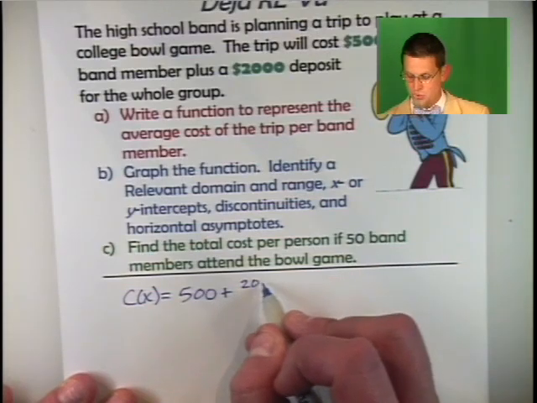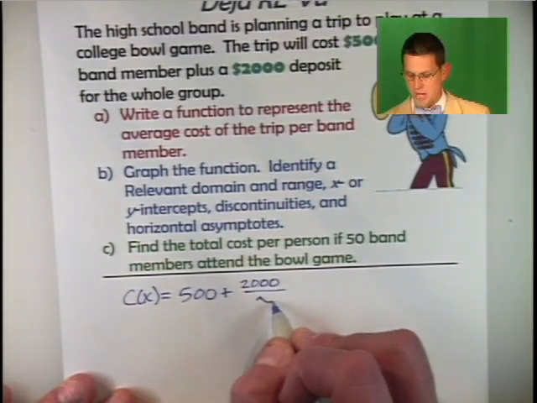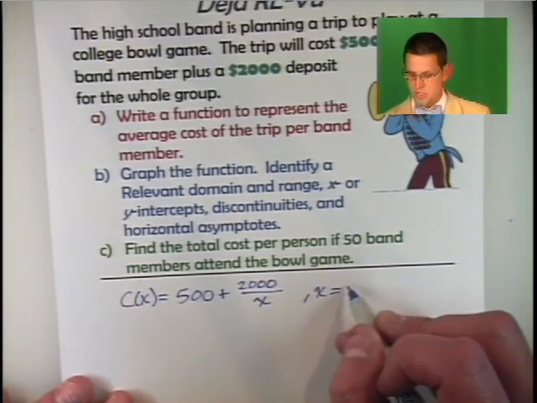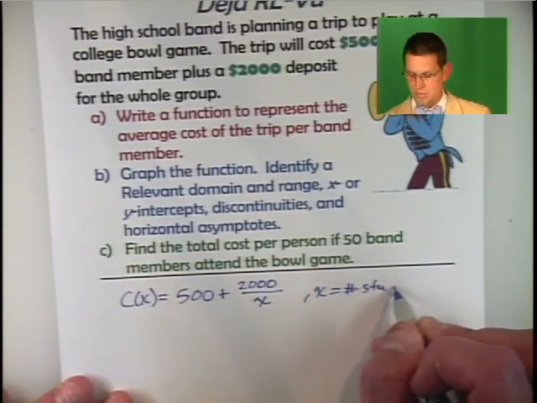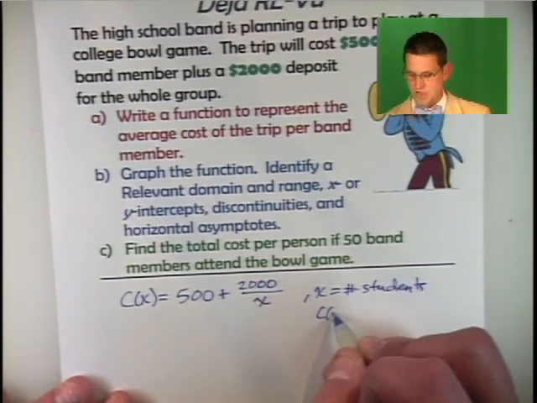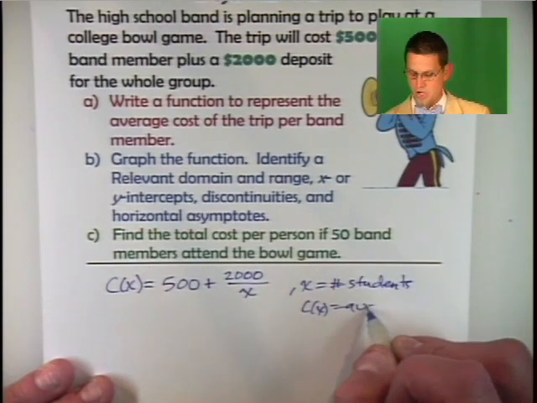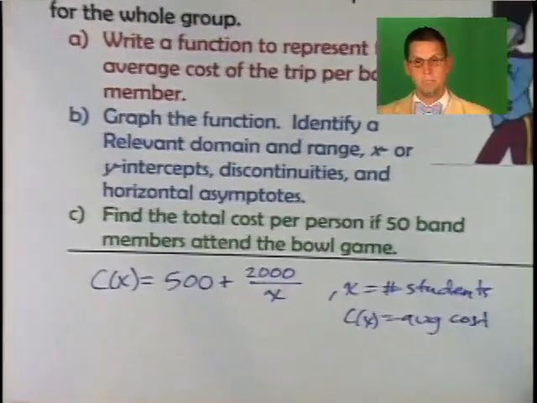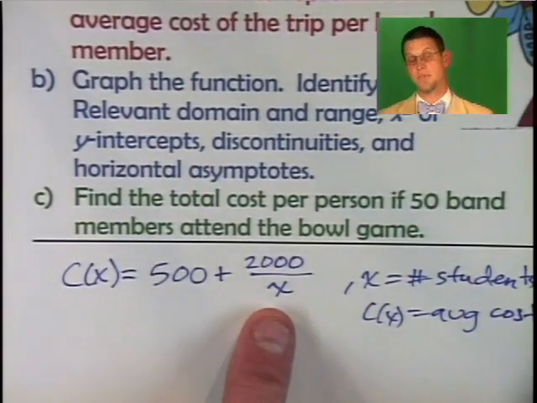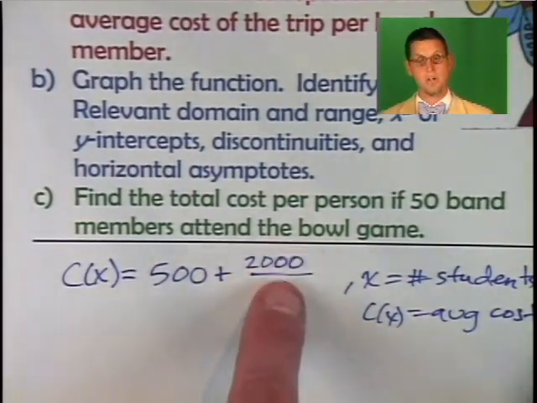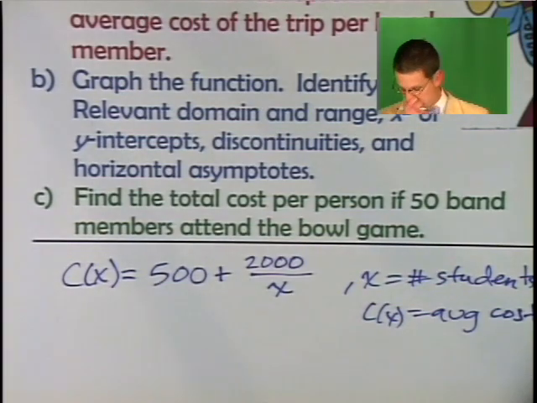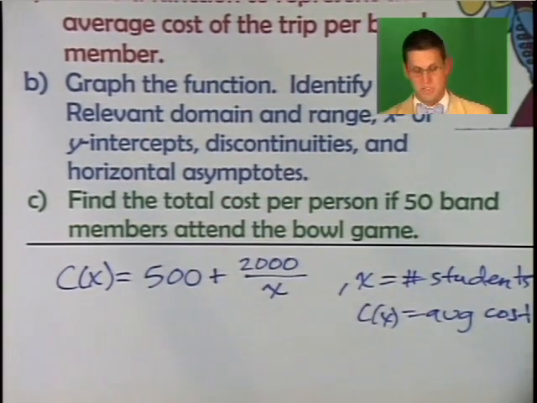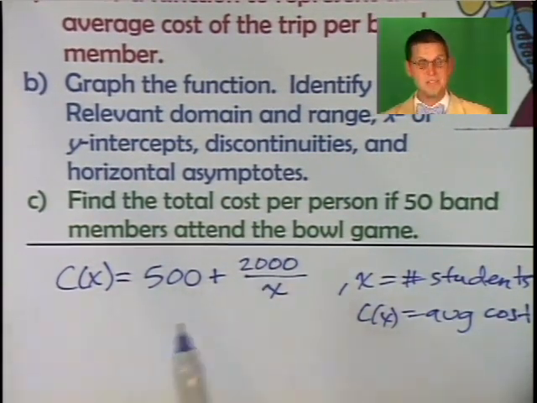So I could say 2,000 divided by x, where x is the number of students that attend. And then c of x is going to be the average cost. So every student has to pay $500. There's no getting around that. But as x, the number of students, increases, the cost per student of that $2,000 decreases. Okay? Now this is a rational function. And notice that it is a transformation of our parent function 1 over x.